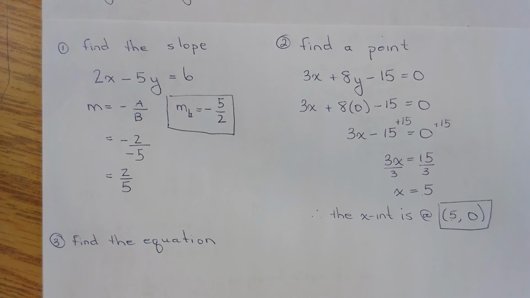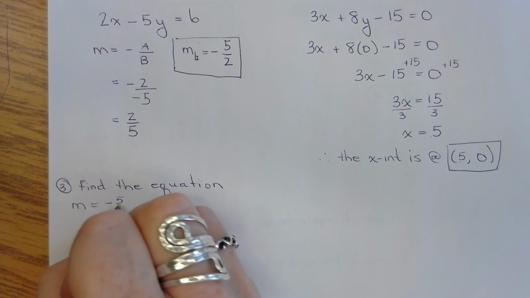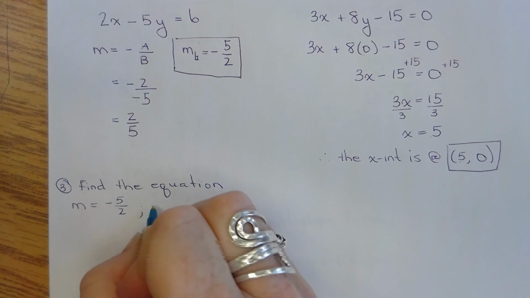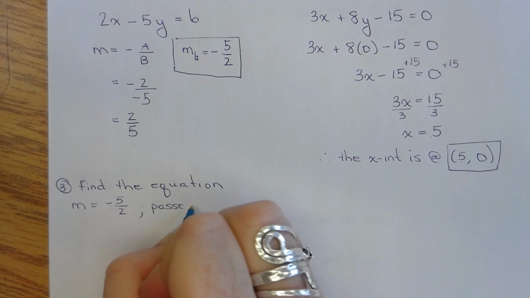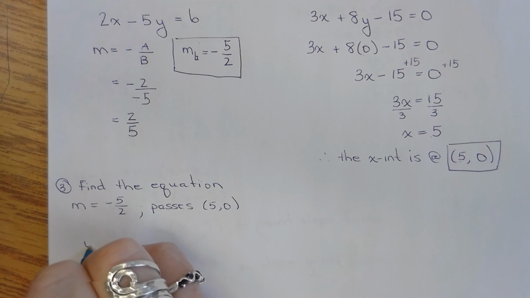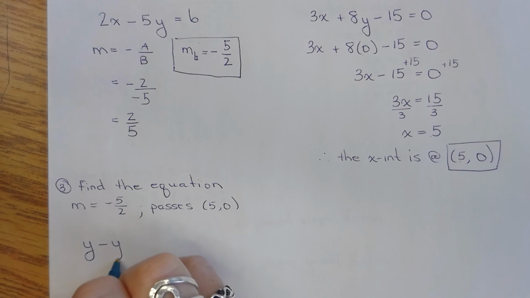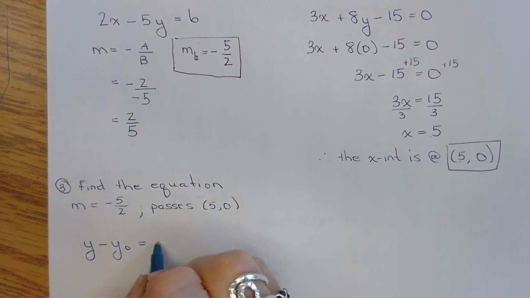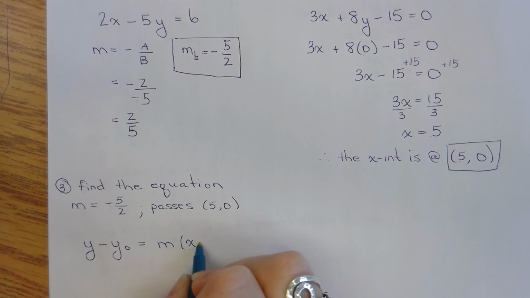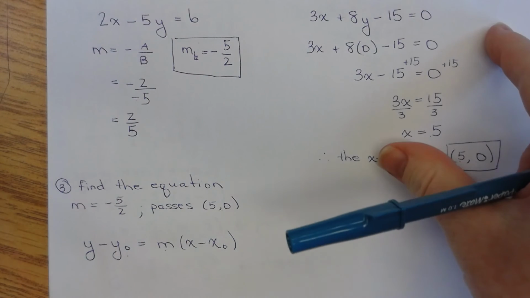All right, so I know that my slope is equal to negative 5 over 2, and I know that it passes through the x-intercept (5, 0). I'm going to use point-slope form because I have a point and I have a slope. So y minus y naught equals m times x minus x naught.